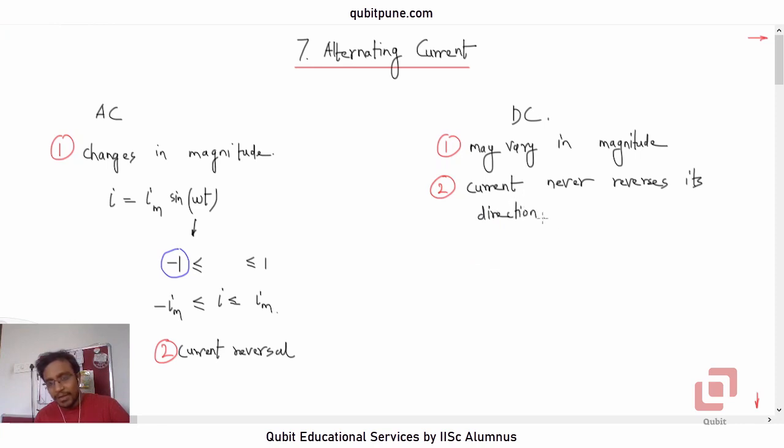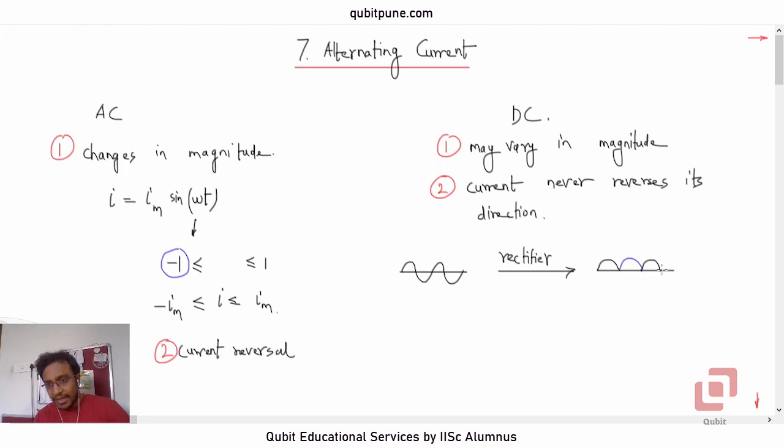So where have we encountered a direct current which fluctuates? If you remember, when we send alternating current through a full wave rectifier, the positive part is maintained, but the negative part is flipped.